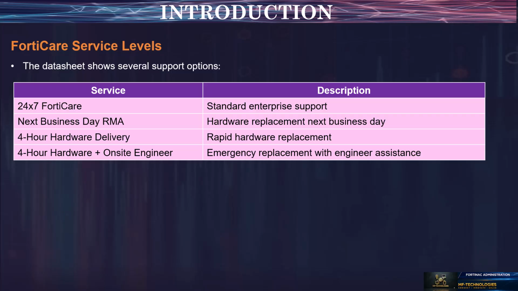For mission critical environments, faster options are available. The 4-hour hardware delivery service significantly reduces downtime by delivering replacement hardware within approximately 4 hours. Finally, the highest service level includes both 4-hour hardware replacement and on-site engineer support, providing not only the replacement appliance but also technical assistance during installation and recovery.